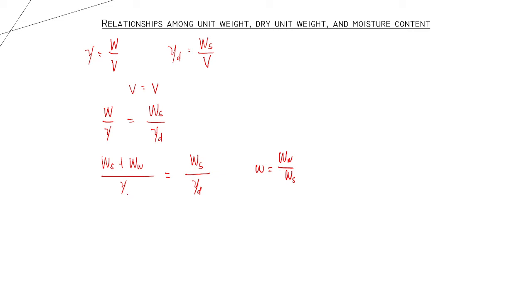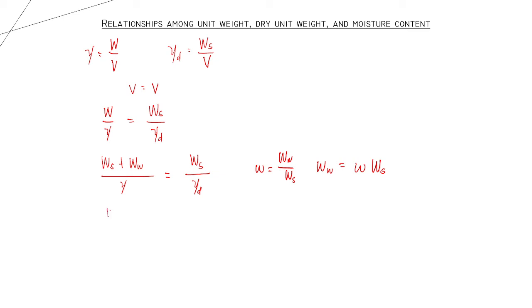So we can write the weight of water in terms of weight of soil solids as omega times W sub S. So we can now express this in terms of the weight of soil solids.